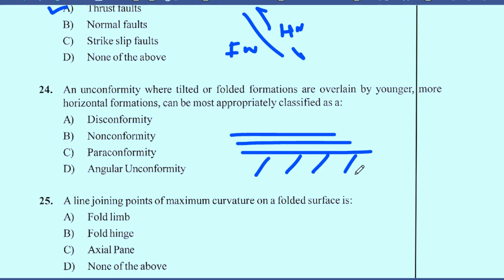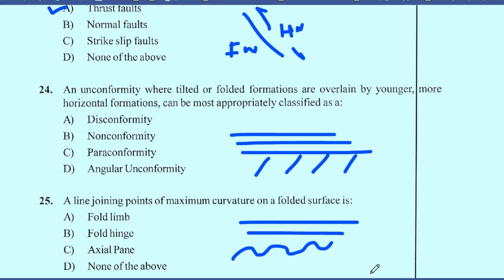The lower beds are getting tectonically disturbed, and their dip and other things are getting changed. Low lying beds are also getting folded. This type of pattern is formed in this unconformity. We call it an angular unconformity.